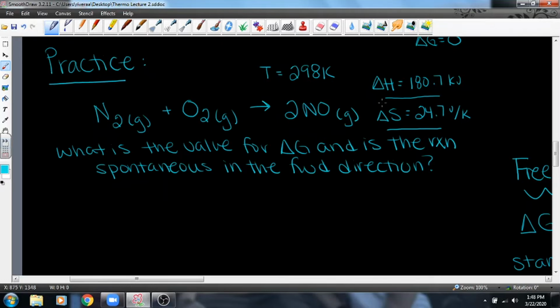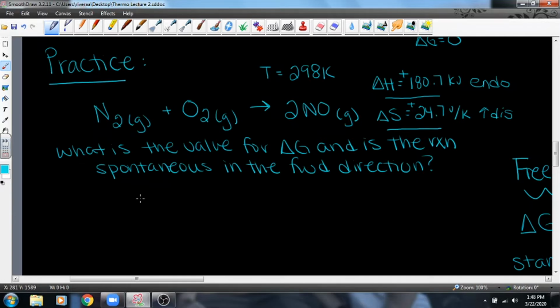Based on this delta H, which is a positive value, we know that this reaction is endothermic, not super favorable in terms of spontaneity. But it has a positive delta S, which means it is increasing in disorder, which is favorable. The question is, I have something that's not favorable and something that is favorable. Is this reaction going to be spontaneous or not? It's going to depend on the magnitude of these two values and the temperature at which this reaction is occurring.